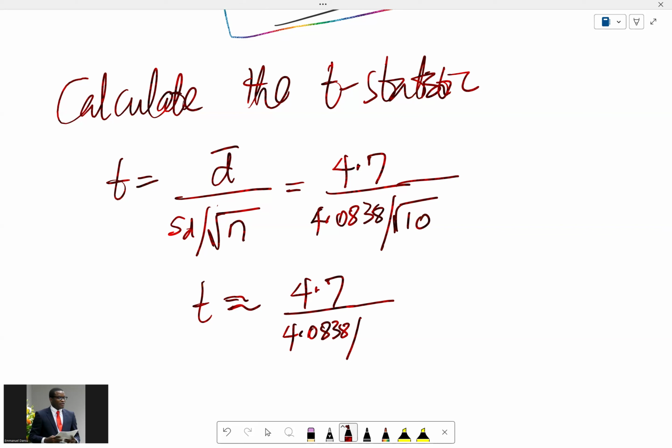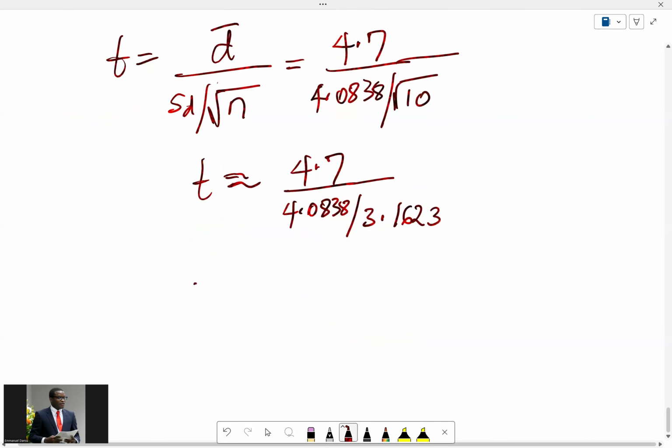So that is 3.1623. Okay. So t is approximately 4.7 divided by 4.0838 divided by 3.1623.